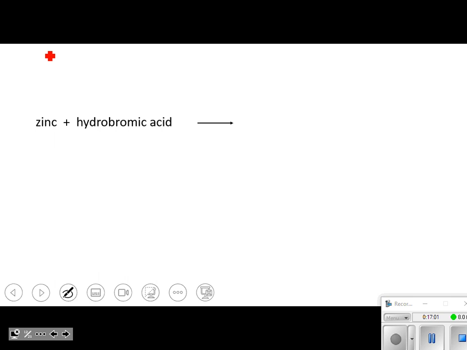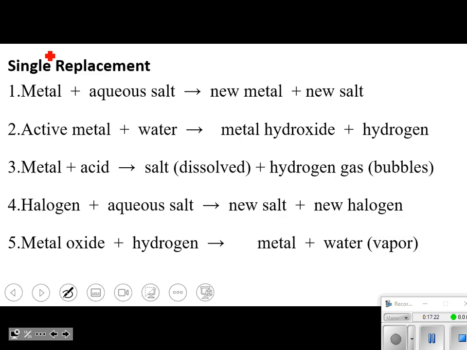Here's our next one. Zinc and hydrobromic acid. Now, somewhere in my mind, I'm remembering something about an acid. An acid. How about right here?